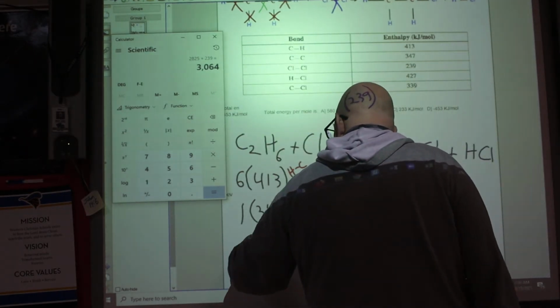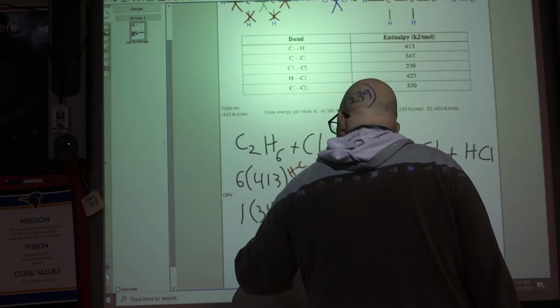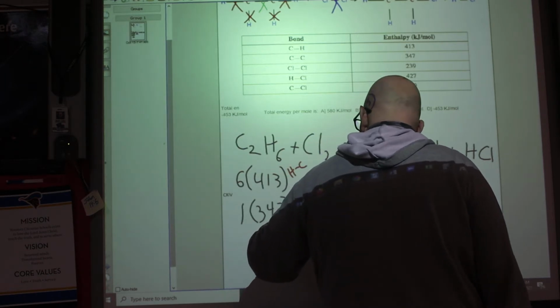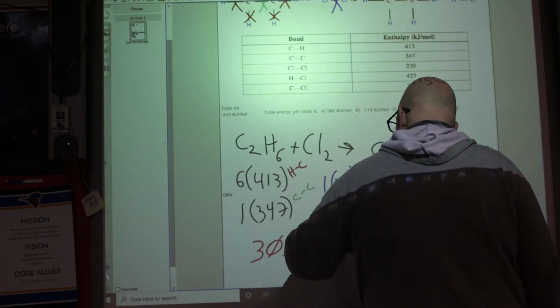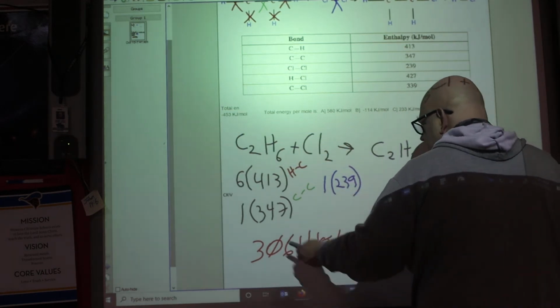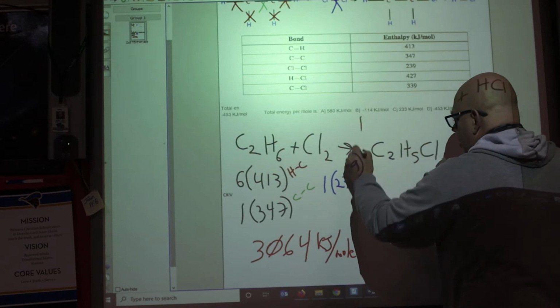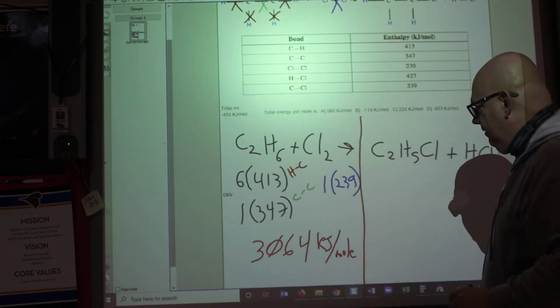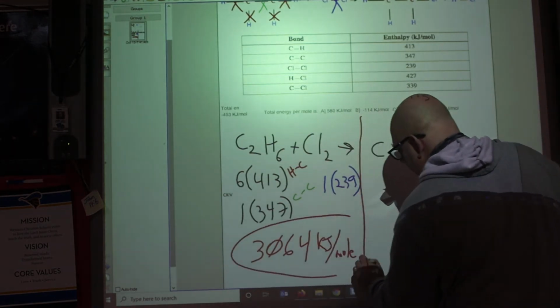So when we look at this side here, it's 3,064 kilojoules per mole. This is the total on our reactant side. That's the total.